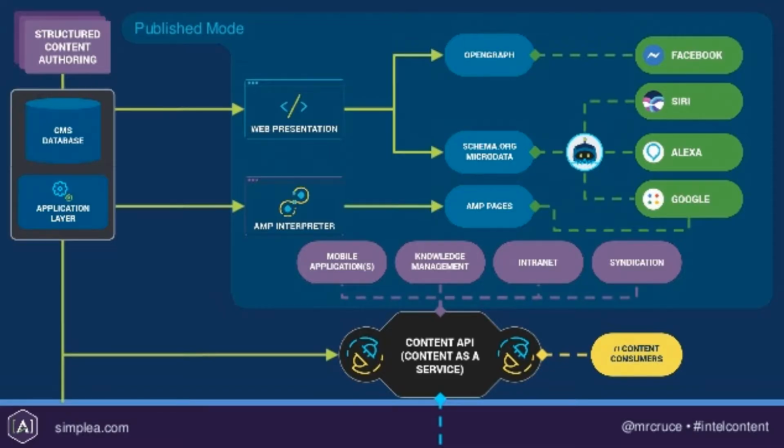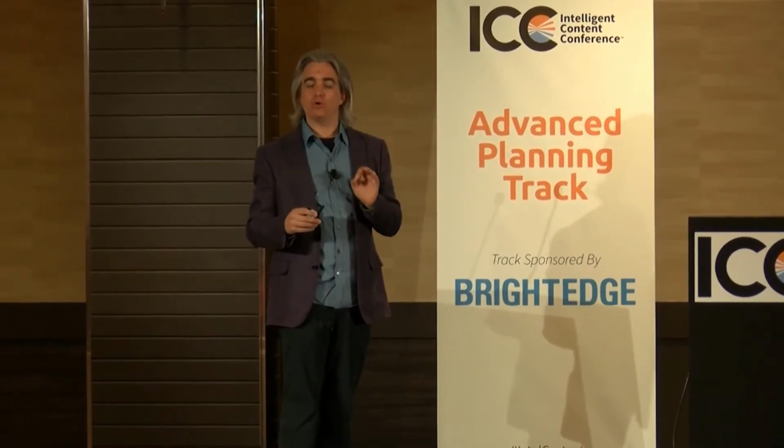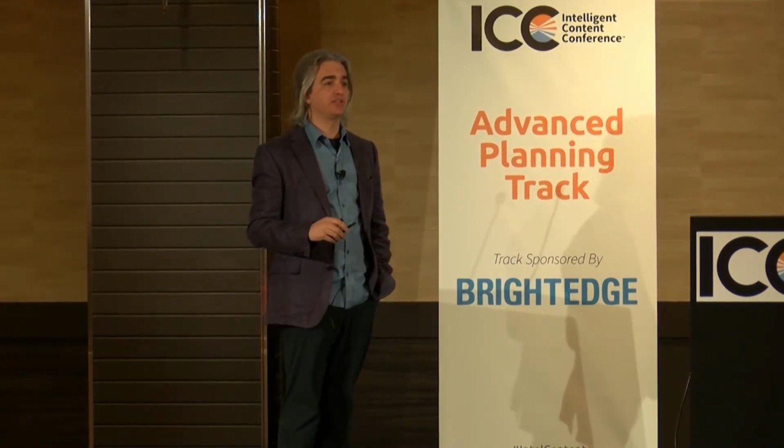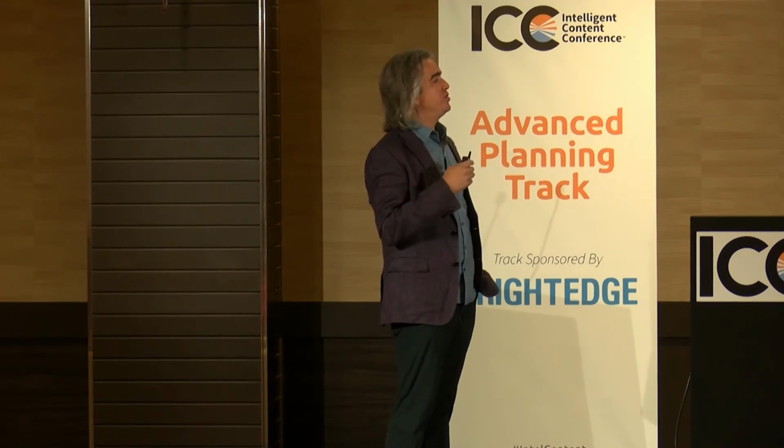Now, AMP Pages is essentially a fast-loading format that Google came up with where they said, if you give us AMP tags on your website, we're willing to cache your article and republish it to our visitors across our global content distribution network. And that is pretty darn powerful, but you have to engineer the content at a structure that will enable an interpreter to produce AMP versions of the content. And so that ends up going to Google.